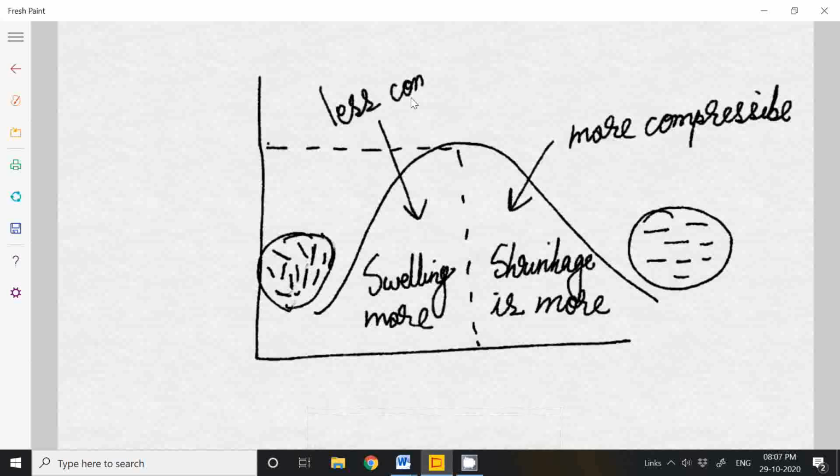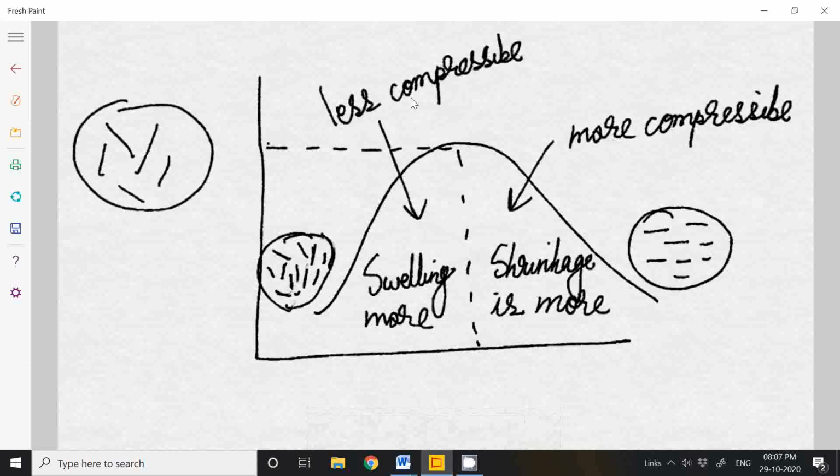less compressible. You can just imagine why it is less compressible on the dry side and more compressible on the wet side. On the dry side, if you have something where the particles are like this, and you give a force, how much will you be able to compress it?